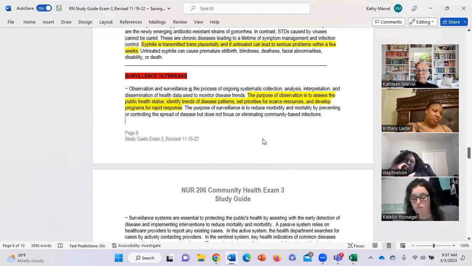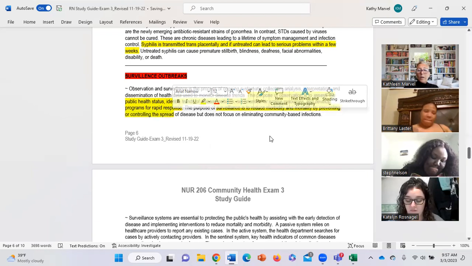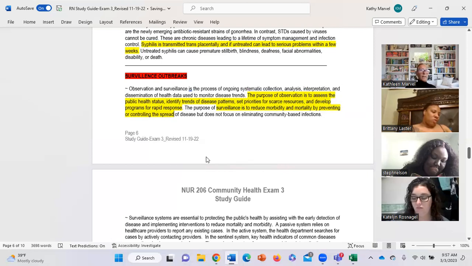That's your ADPI. And then what's the purpose of surveillance? Reduce morbidity and mortality by preventing and controlling the spread. So know the difference between observation and surveillance. You may be given a scenario that says, is this an example of observation or surveillance?